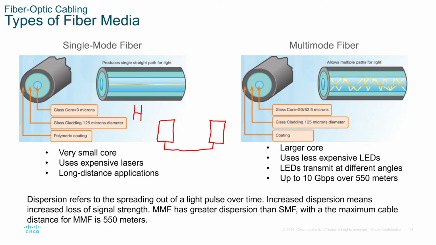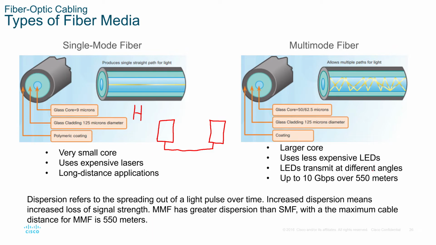Multi-mode, you'll notice single mode was 9 microns of the core. Multi-mode is 50 to 62.5 microns, about 5 times bigger. Larger core uses less expensive LEDs.